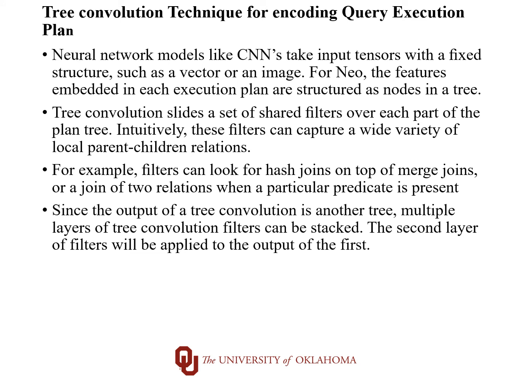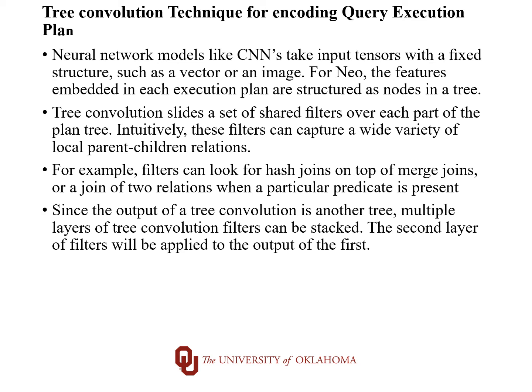And as I told before, in total we have two encodings. One is for query encoding and the second is for query execution plan encoding. For query execution plan encoding, we are using the tree convolution technique. Neural network models like CNNs take input tensors with a fixed structure, such as a vector or an image.